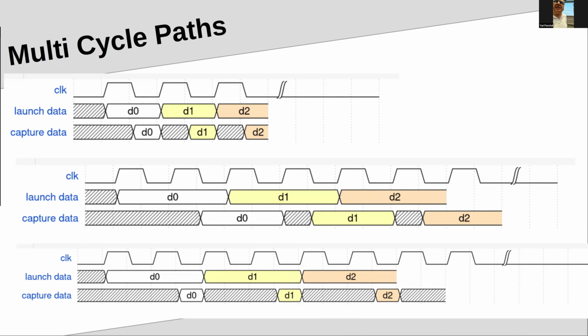So this is not really a question. This is just information for everybody: multi-cycle paths are not used frequently.